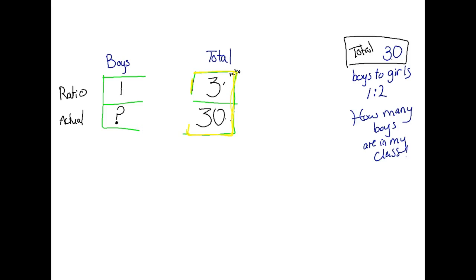Then, I'm going to look here and say, okay, I'll put a big X that connects everyone. Okay? Then I'll say, which line has both sides numbers?